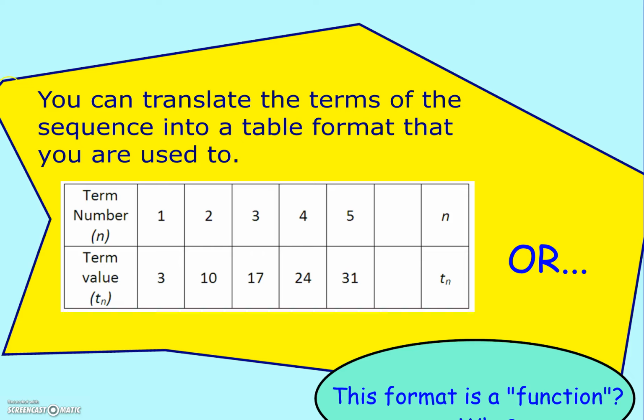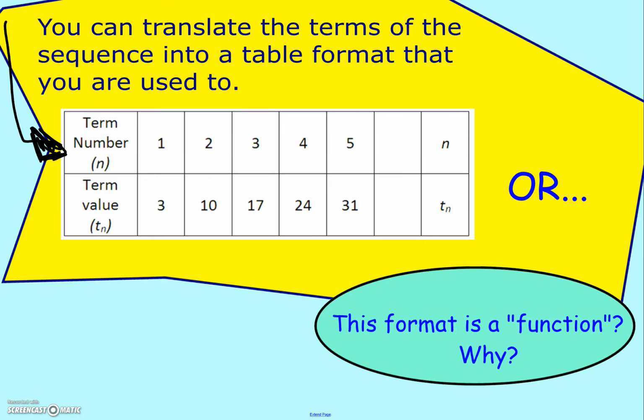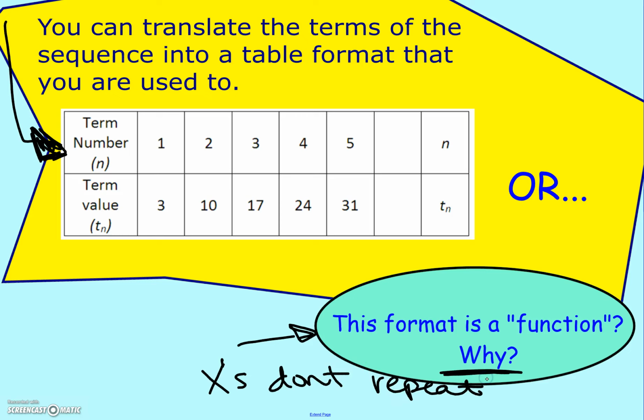And because you have been doing tables since kindergarten, this should be very familiar to you. So always make sure you're putting your sequences into a table so it looks like something that you recognize. And it wants to know this format is a function, and how do you know? Well, x's don't repeat. Remember, we talked about this a couple of weeks ago.